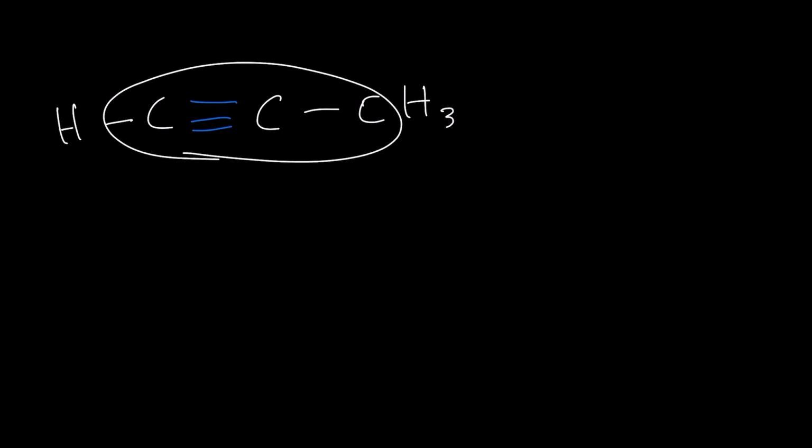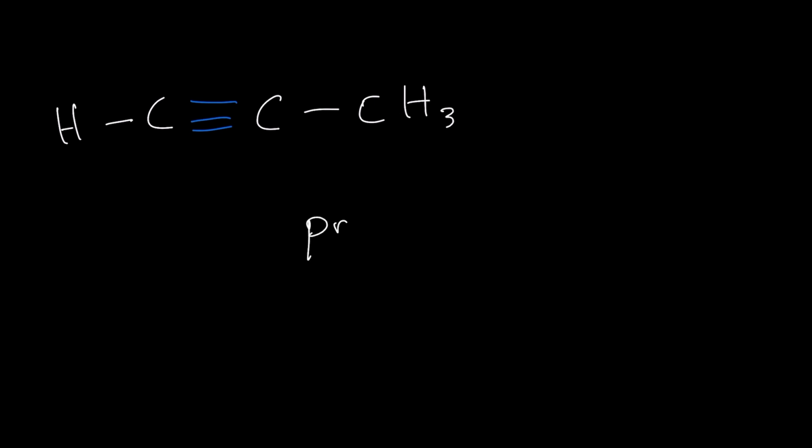If we have a structure with a triple bond like that, with 3 carbons in total, it would be prop, which is the general prefix for a 3-carbon chain, and then the yne suffix.